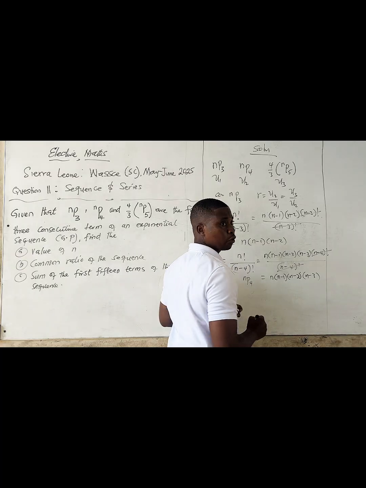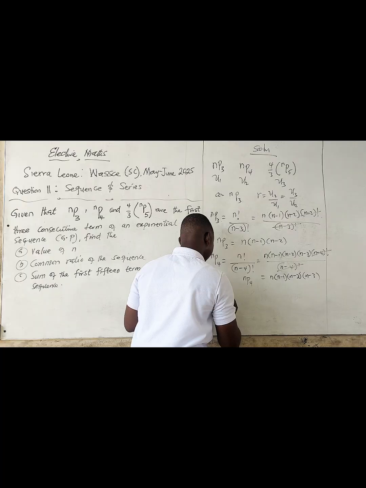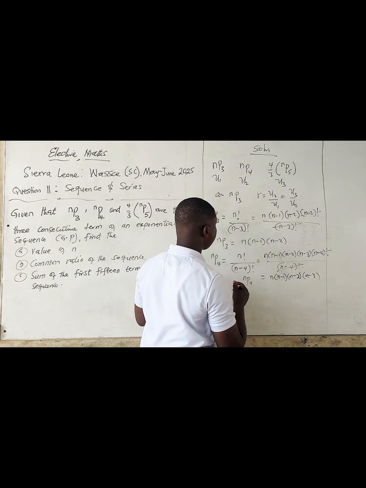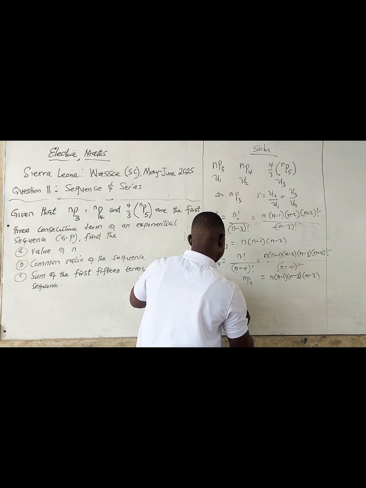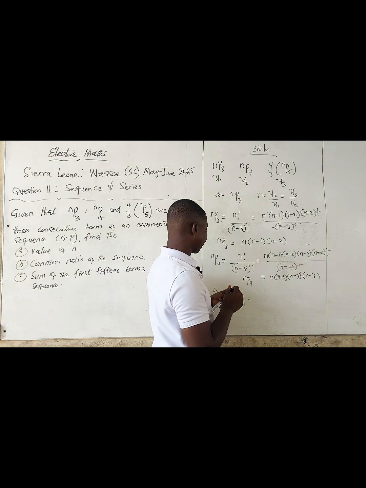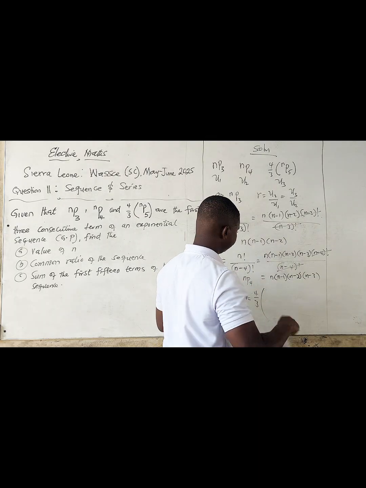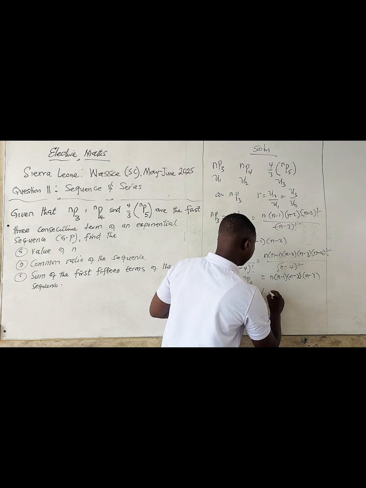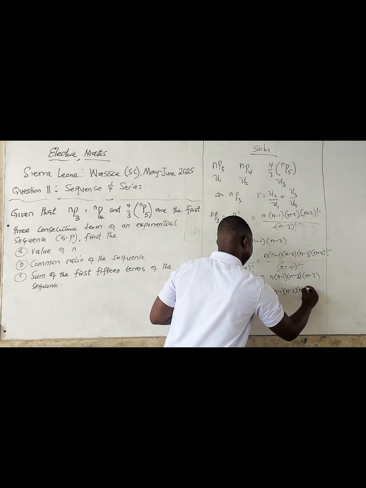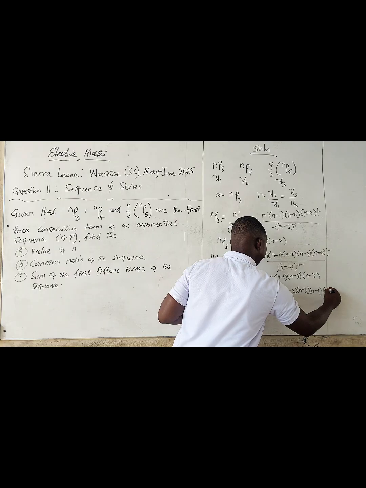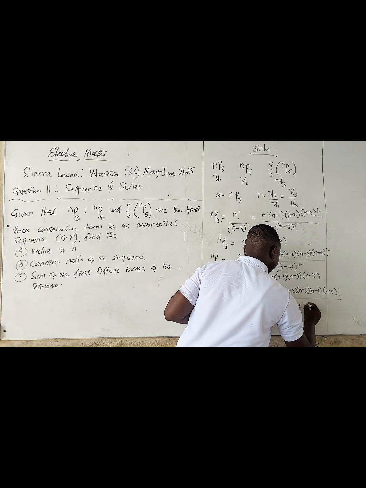Now, we also have 4/3 times n factorial over (n minus 5) factorial. So we have 4/3 multiplying n(n minus 1)(n minus 2)(n minus 3)(n minus 4) and (n minus 5) factorial, all over (n minus 5) factorial.